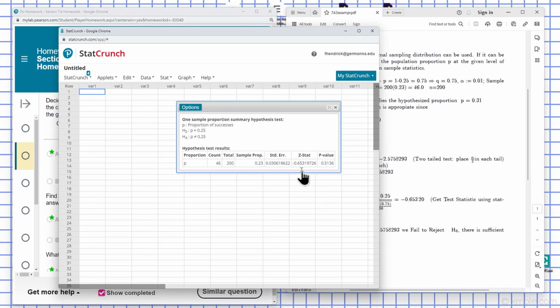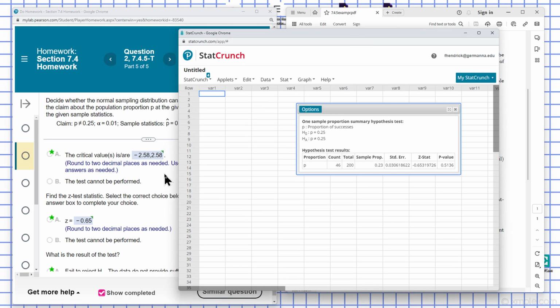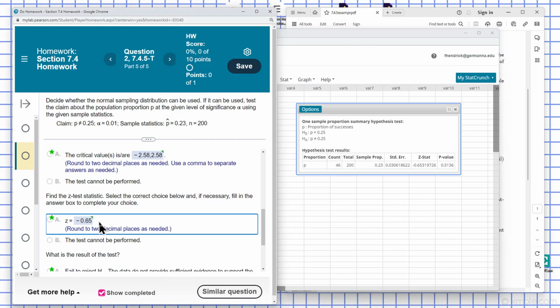And there's my test statistic and the p-value that goes with it. There's your z-test statistic, and there it is.